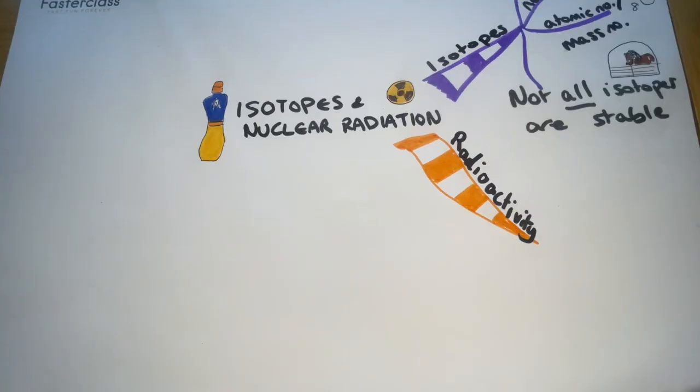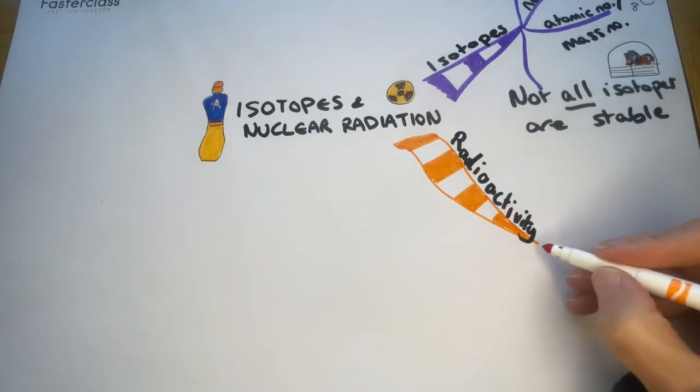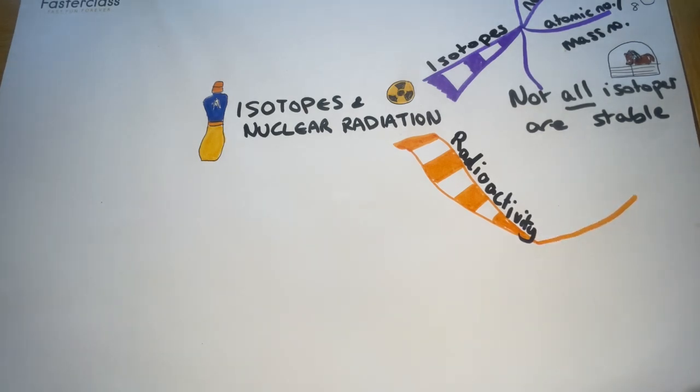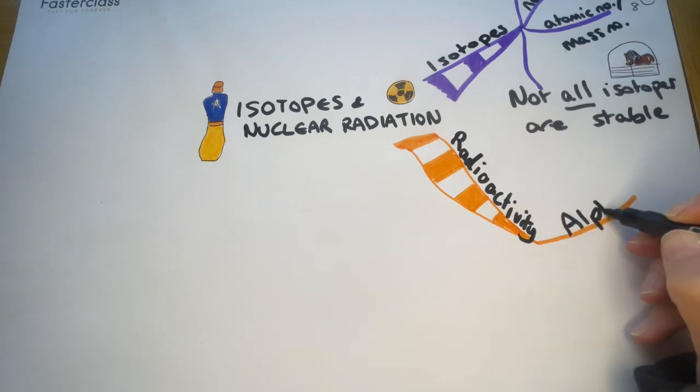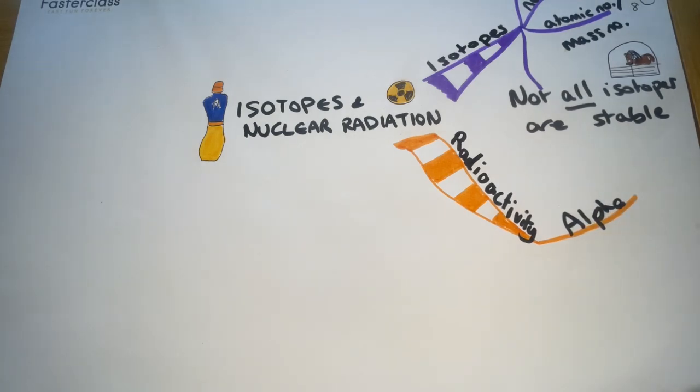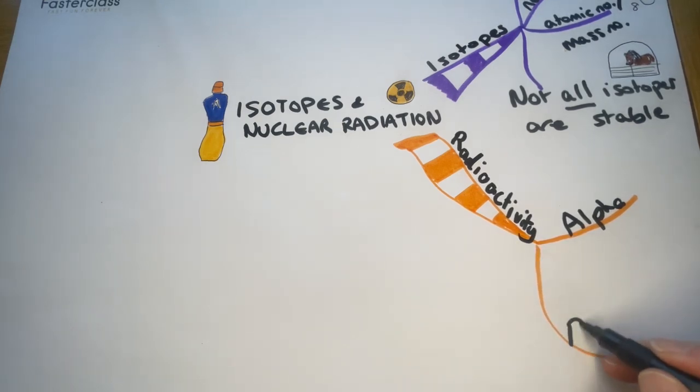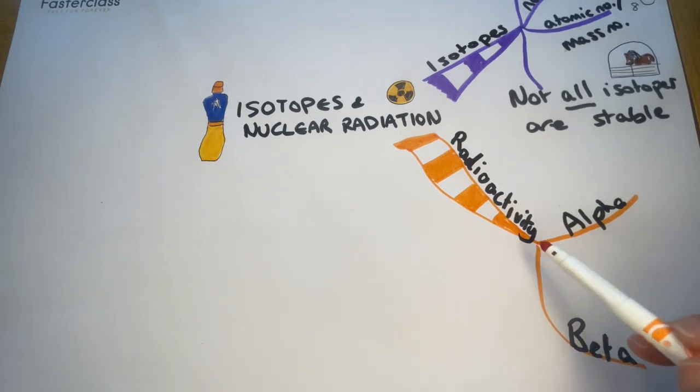Right, on our radioactivity branch, we're going to put 3 sub-branches. The first one is going to be called alpha. The second one is going to be called, give it a good guess, beta. And the third one is going to be called gamma.